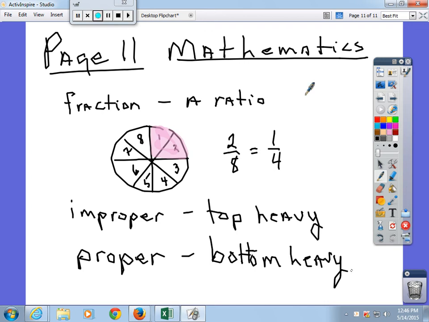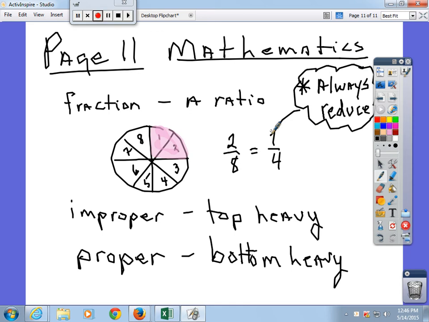What is the always rule for fractions? Always what? Always reduce. You don't walk into Walmart and ask for a 50/100 wrench.